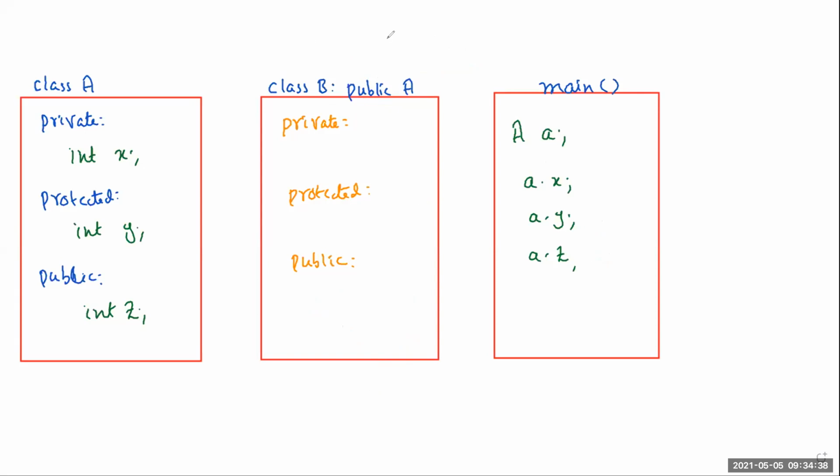Okay, now let's see that when we are doing inheritance, we always say that data is inherited. So when you are writing public here, what will happen?